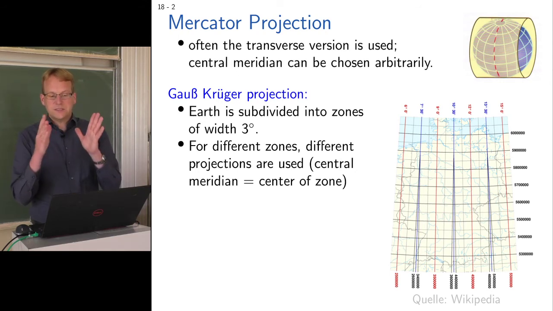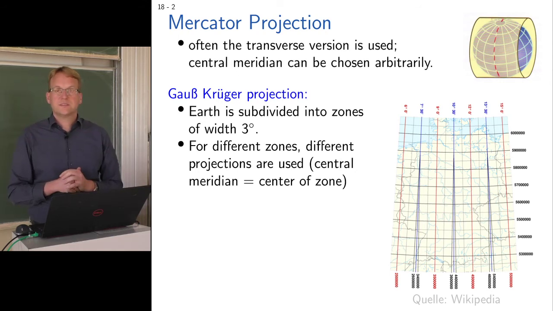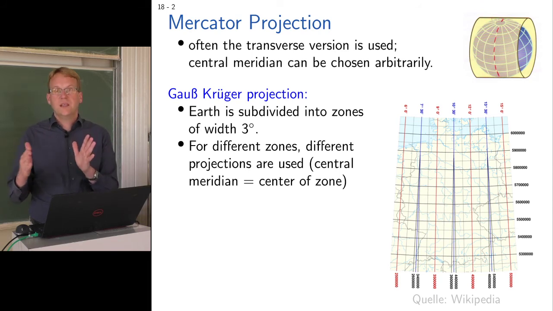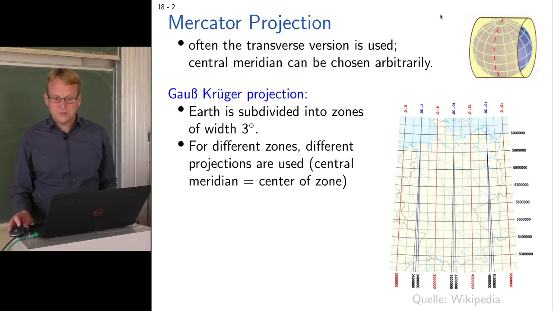There the Earth is subdivided into zones of width 3 degrees, and for different zones, different projections are used. We have a central meridian, which defines the center of a zone, and for each central meridian, another position of the cylinder is assumed, and this transverse position of the Mercator projection is then applied.